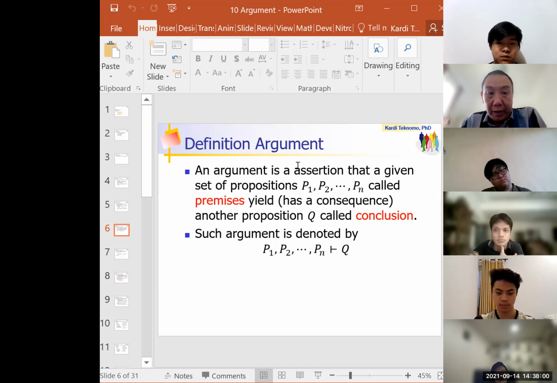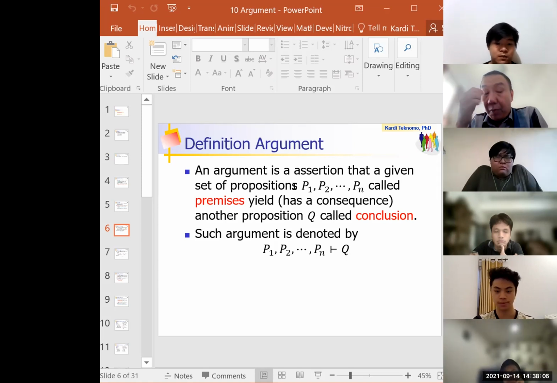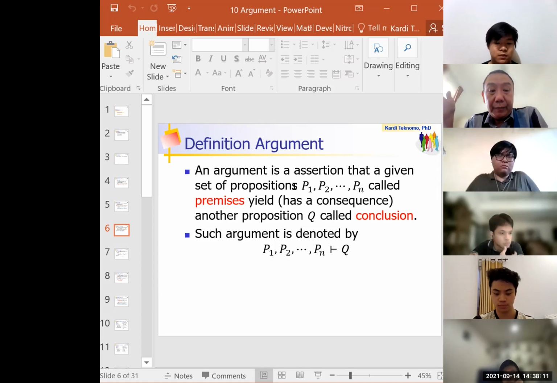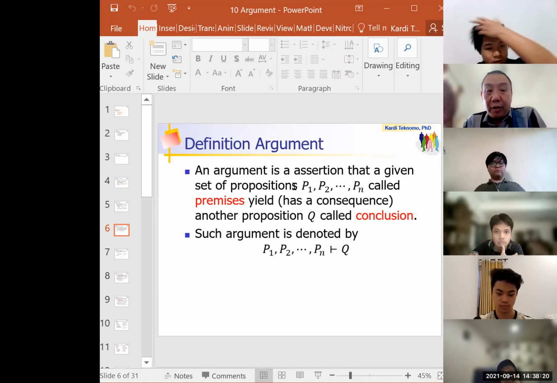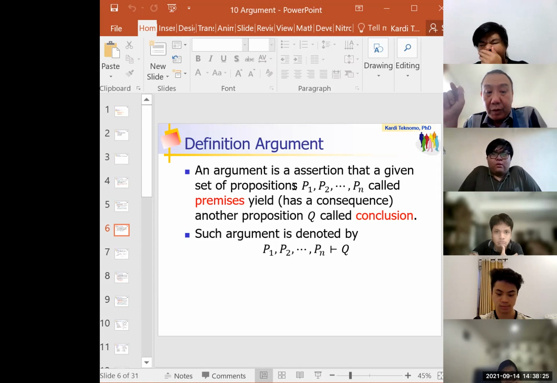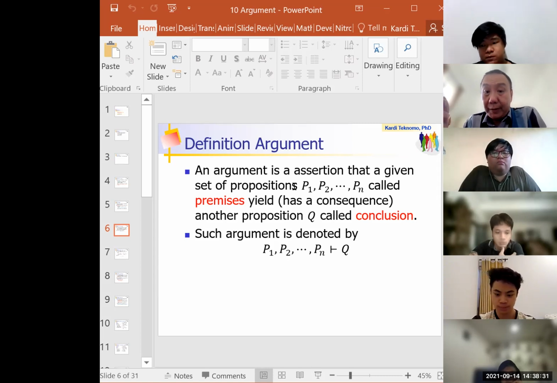An argument is an assertion that a given set of propositions, say you have several propositions P1, P2, P3 until Pn, these propositions are called premises, has a consequence, yet another proposition called Q. Q is called the conclusion. So the conclusion must be the consequence of the premises.